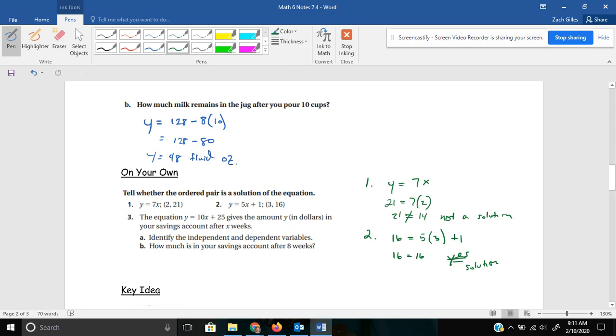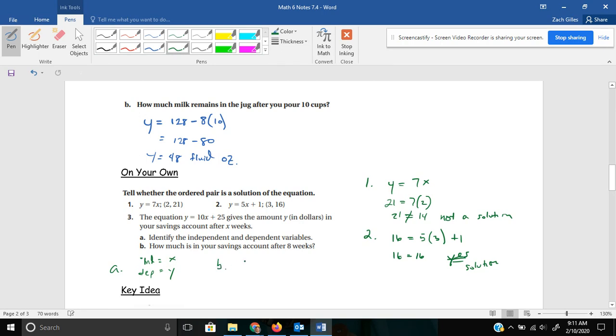The number of weeks will change, and your amount in your savings account will depend on how many weeks you've got money in the bank. All right, so just like before, the independent is your x and your dependent is your y. The amount of money you have in your savings account depends on how long you have your money in your savings account. So that's for letter A.